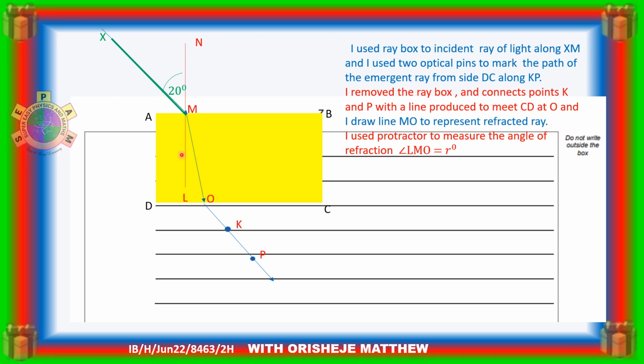Then the next thing you need to do is record the angle of incidence, 20, and the corresponding angle of refraction that you have measured.